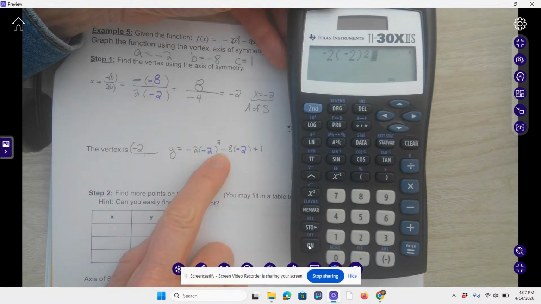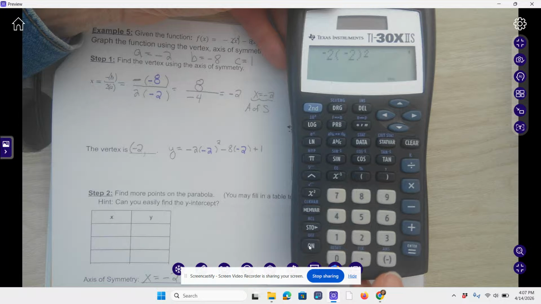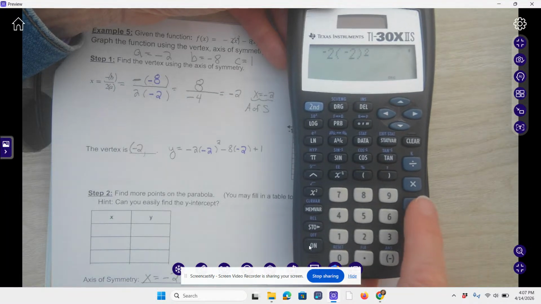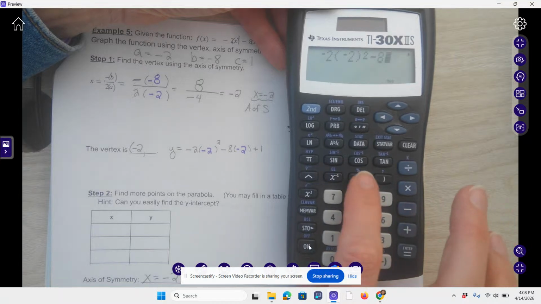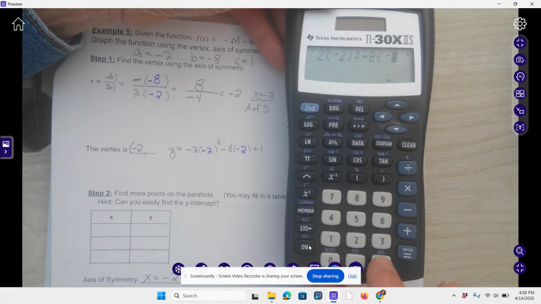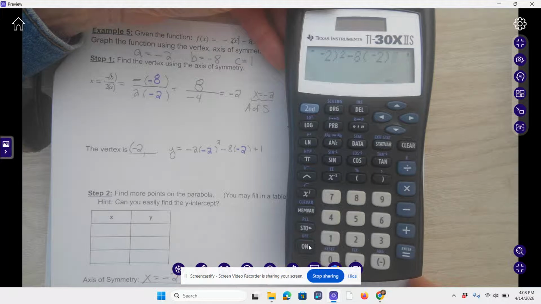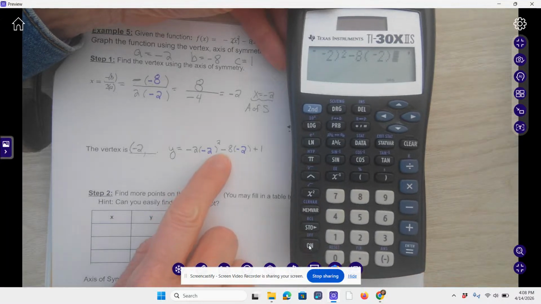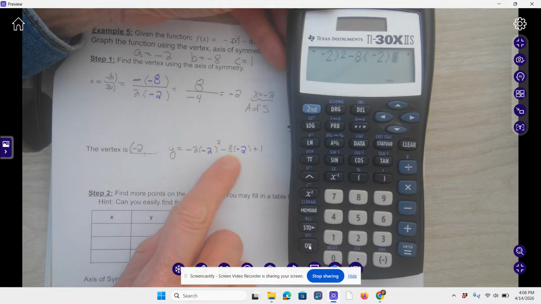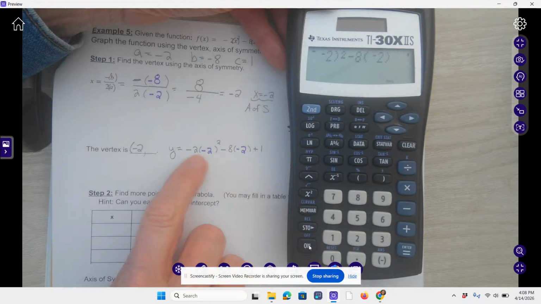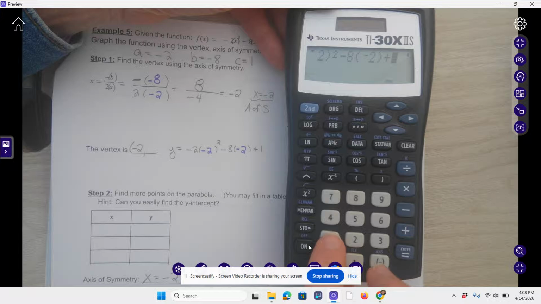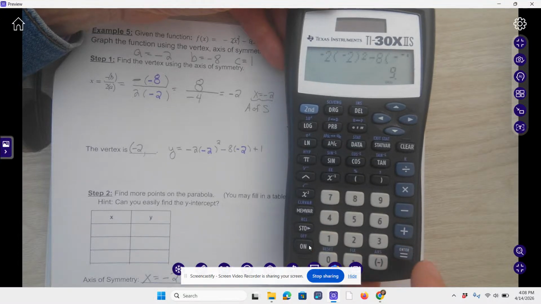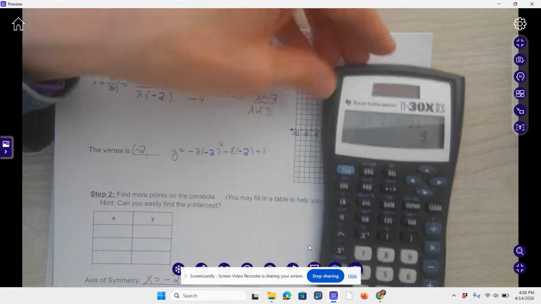Now, this is subtraction, so I don't want to use the negative button for this. I want to use the subtract. 8, parenthesis, negative button, 2. So make sure for that you're using subtraction. For a negative symbol, you're using this negative button. And then plus 1. And you get 9.